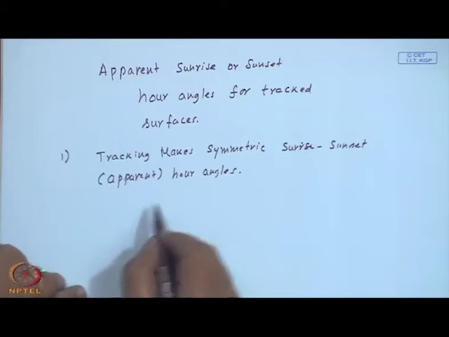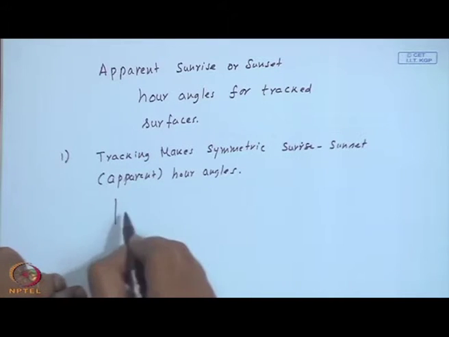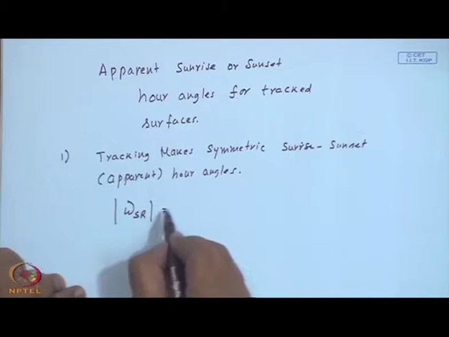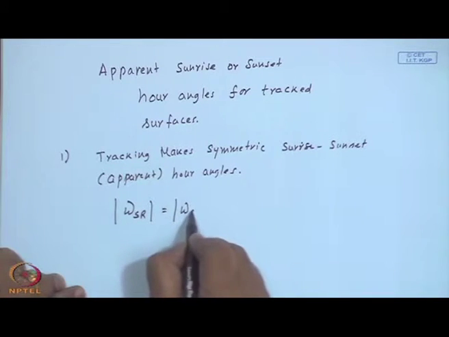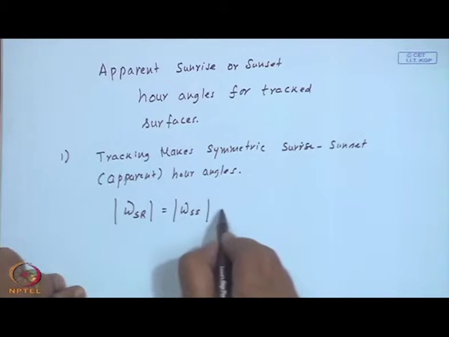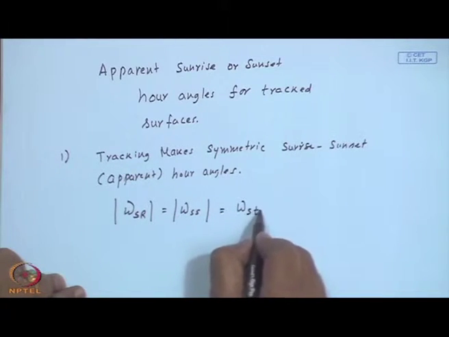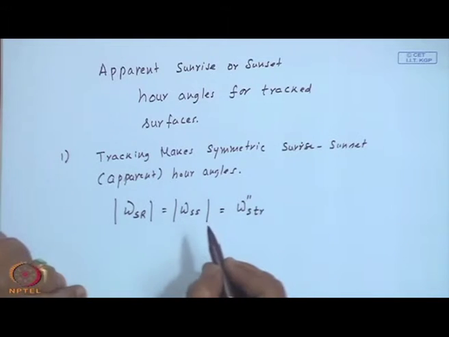So, if I designate it with our conventional notation of omega SR, modulus should be equal to modulus of omega SS, which I shall call simply omega S tracking double dashed, because we are considering omega S dashed for the south facing fixed surface.